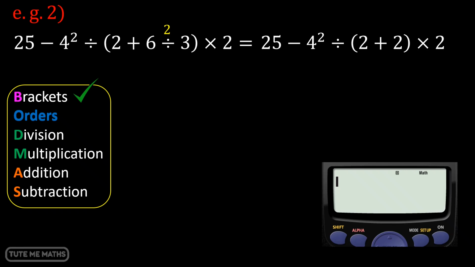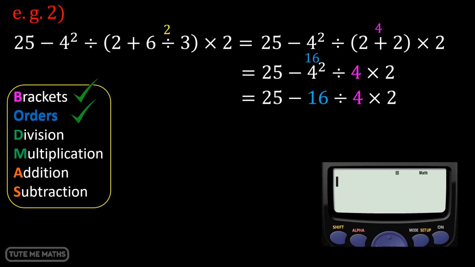We still have the brackets, so we must calculate that part first, getting 4. Now we can dispense of the brackets, giving us this shorter calculation. No more brackets, so following BODMAS, we look for orders. We have 4 squared. This can be replaced by 16. And again, we can rewrite our calculation.